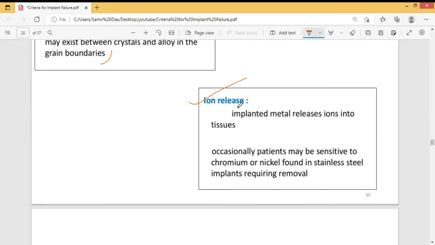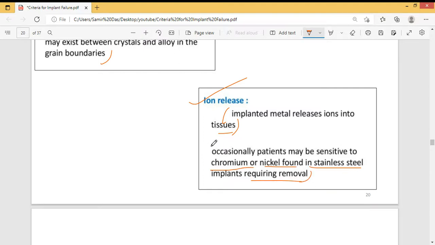Next, ion releasing. In case of ion releasing, the implant metal releases ions into the tissue. Occasionally patients may be sensitive to chromium and nickel found in the stainless steel implant.